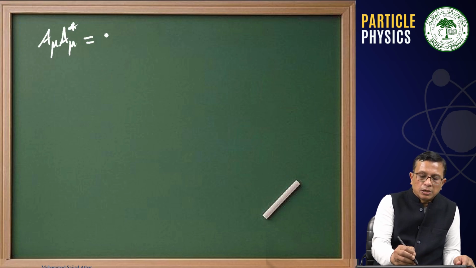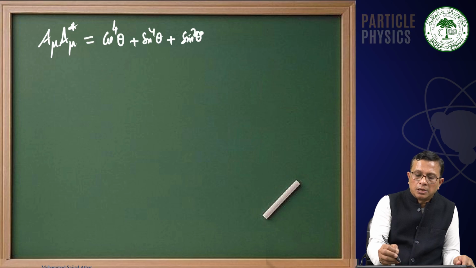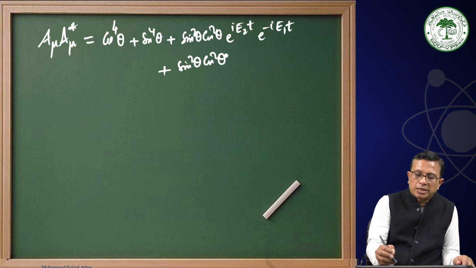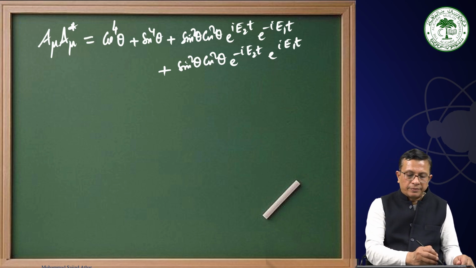This is cos⁴θ plus sin⁴θ plus sin²θ cos²θ e^(iE2t) times e^(−iE1t) plus sin²θ cos²θ e^(−iE2t) times e^(iE1t). This is what we will have.